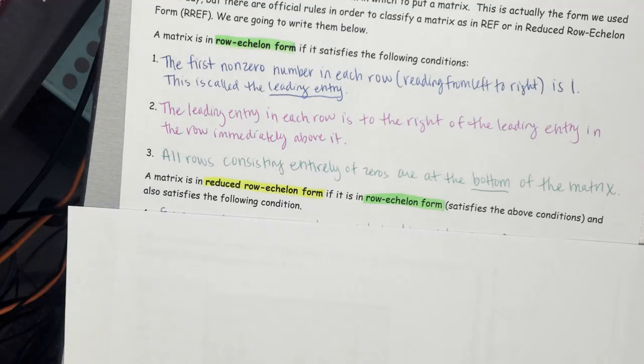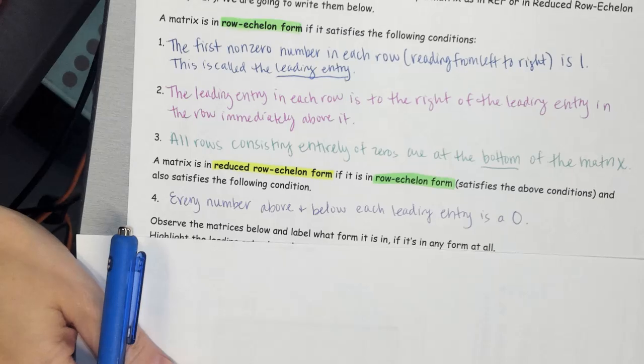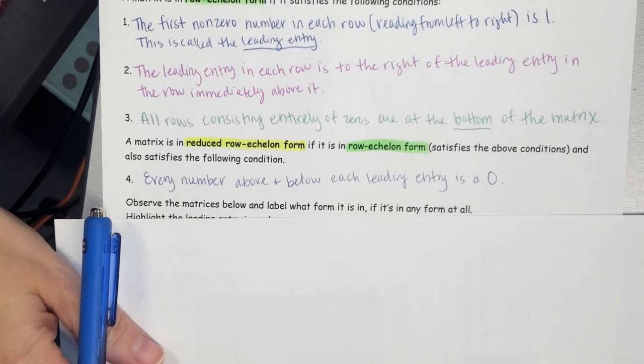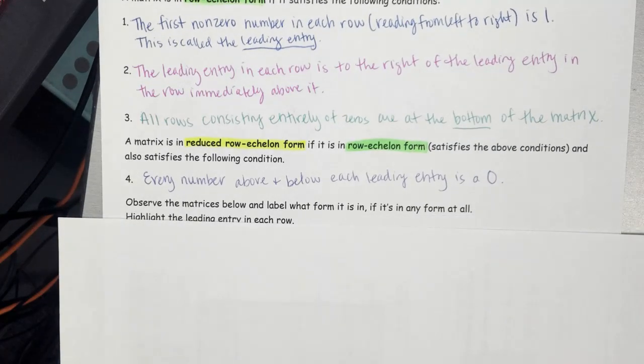So a matrix is in reduced row echelon form if it is in row echelon form, so it satisfies all of those above conditions, and then there's just one more condition. And that is that every number above and below each of the leading entries is a 0.